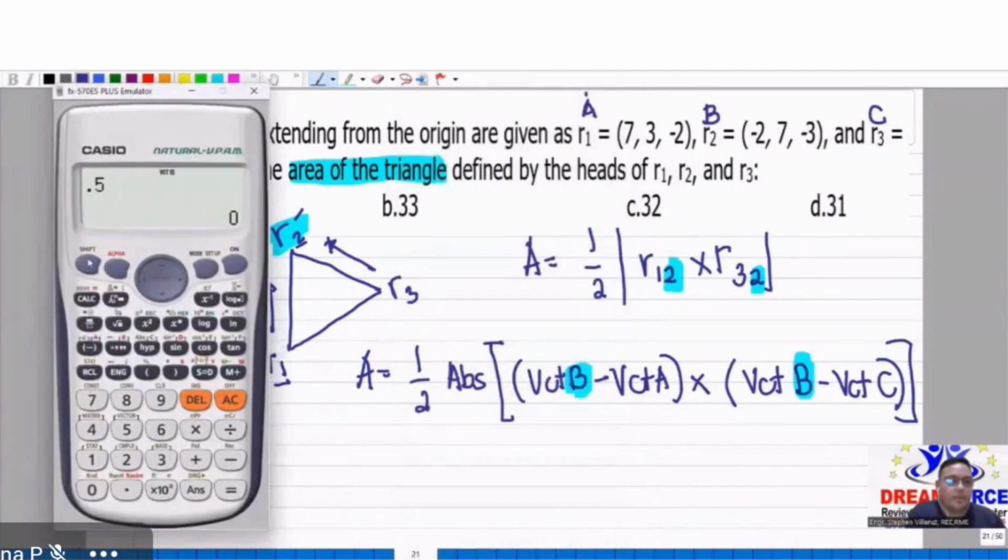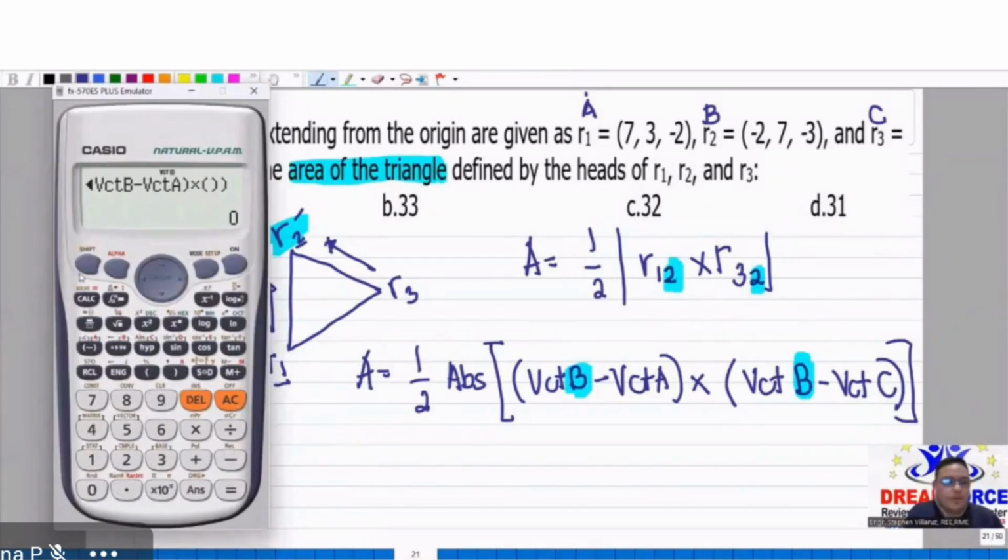So, this is 0.5 absolute value of the quantity. So, lagyan lang natin yung mga parenthesis dito. So, cross. Ayan. And dito na. So, shift vector, vector A. Vector B minus vector A. So, shift vector, vector A, that is 3.